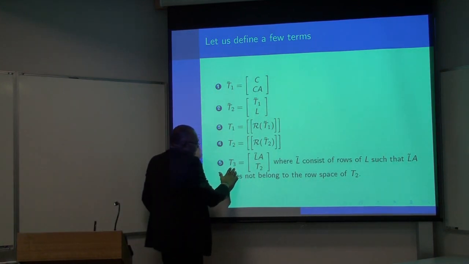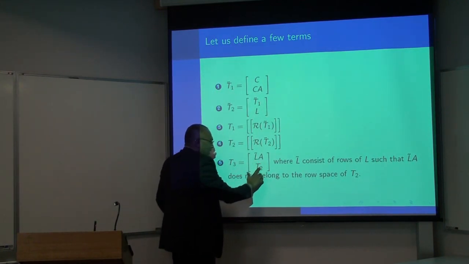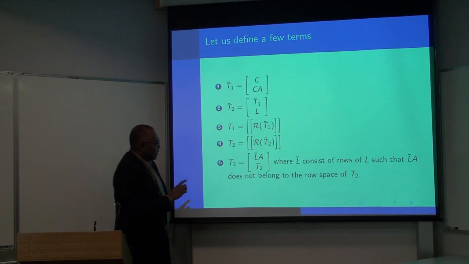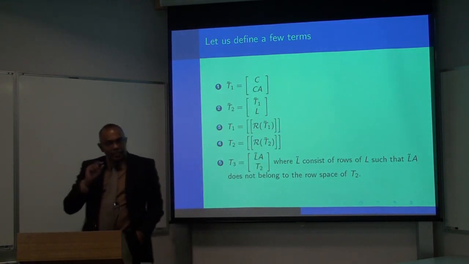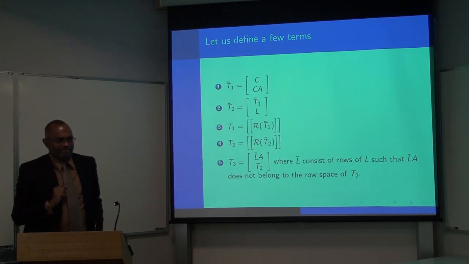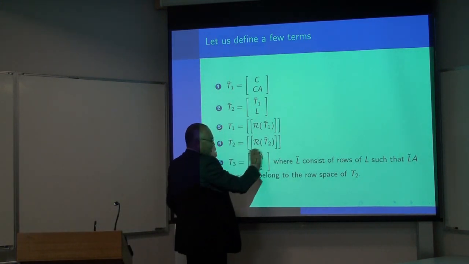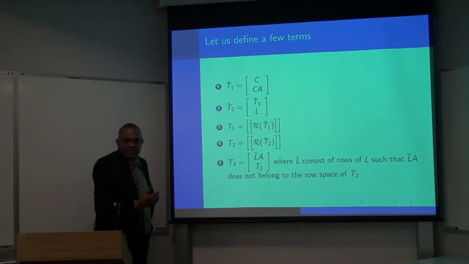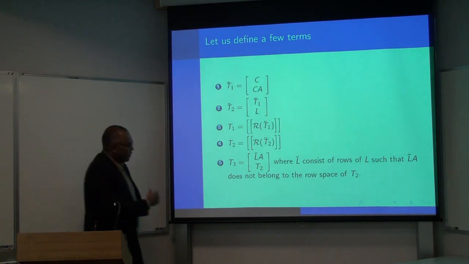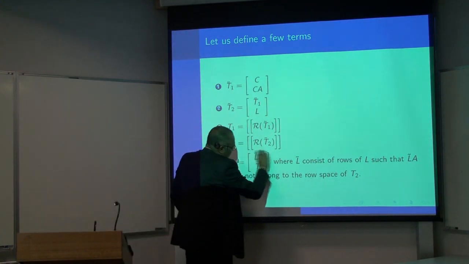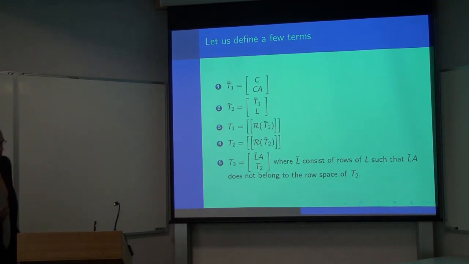And T3 is L tilde A T2, where we only pick the rows of LA that don't belong to T2. So these additional rows in here, which is T3, right, which is the left-hand side of condition 1, is the rows of LA that don't belong to T2.